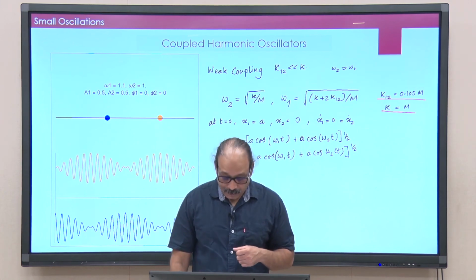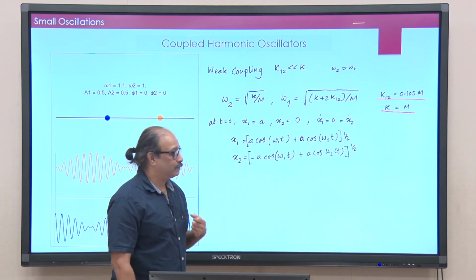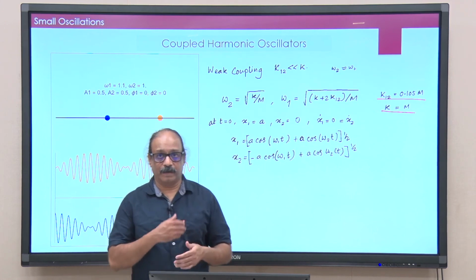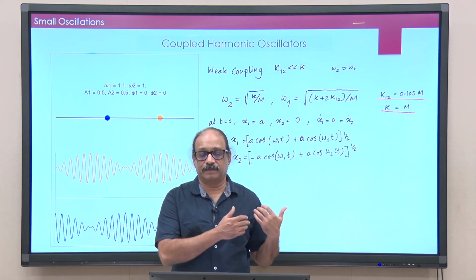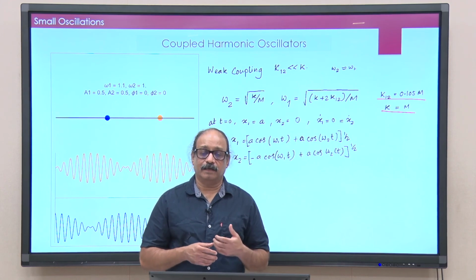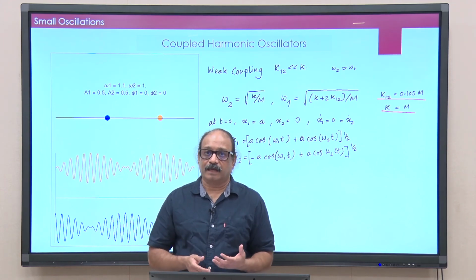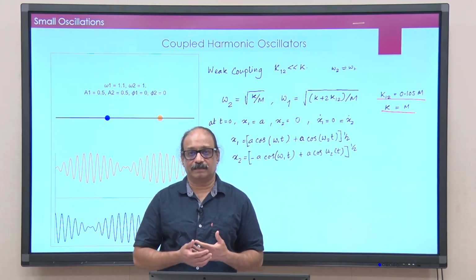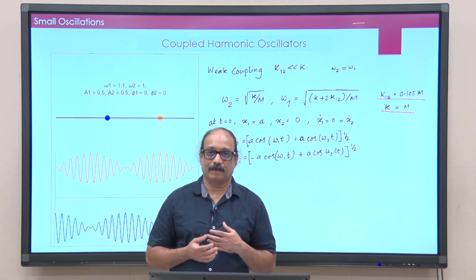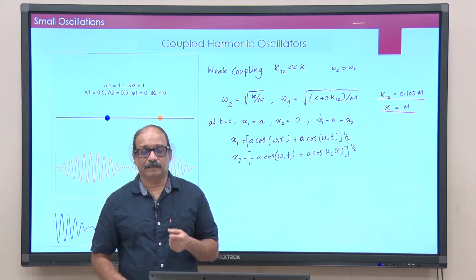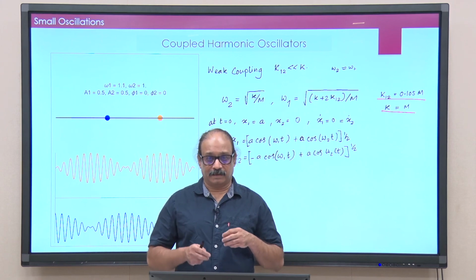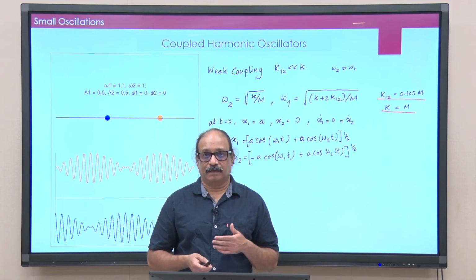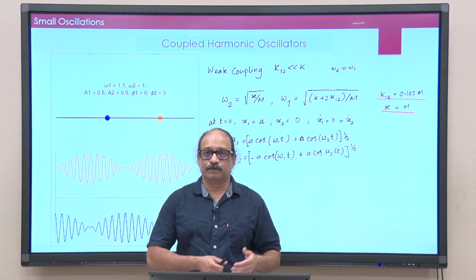So, this is about how one goes about solving a problem of this kind. Basically, n coupled differential equations can be decoupled by using a simple linear transformation. And in the next class, I will in fact develop the mathematical method to do the decoupling.